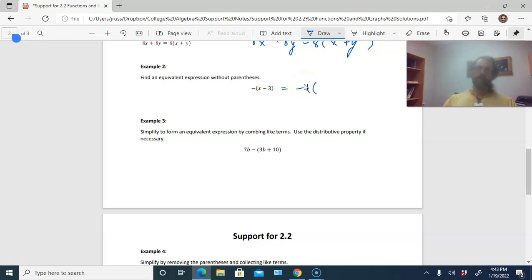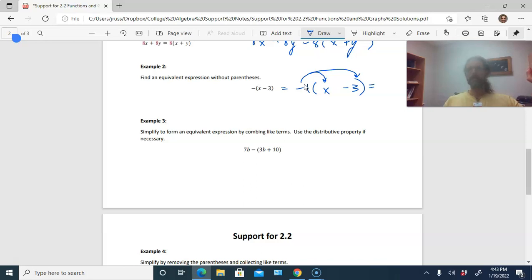So really what we'll be doing is distributing negative 1 to both of those terms. And guys, I want to point out, anytime you multiply something by a negative or by a negative 1, same thing, it changes its sign. And that's what's going to happen here. So when I distribute that negative 1 to these two terms, that will change the sign of them.